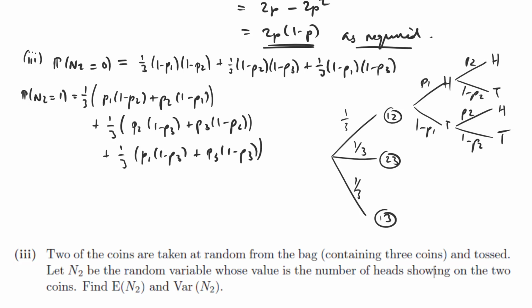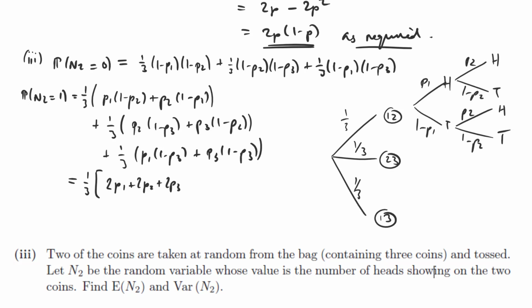That is the expression that we have, and we might just try simplifying this a little bit. So I can factorize the 1/3 out. What you can see is I've got a p1, a p2 here, a p2, a p3, p1 and p3. So I've actually got 2p1 plus 2p2 plus 2p3.